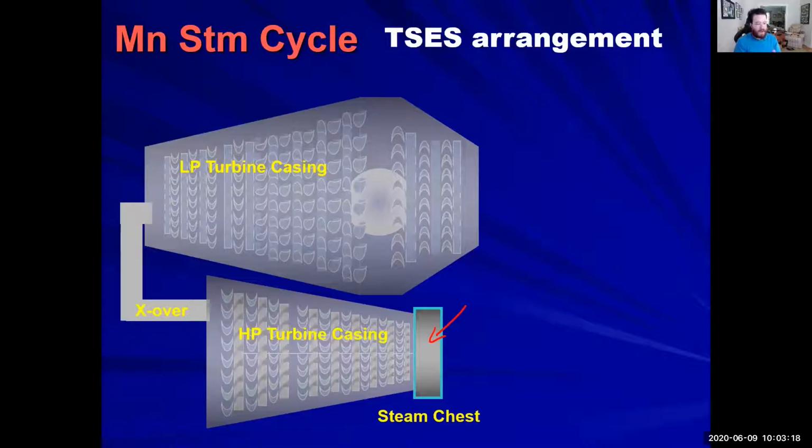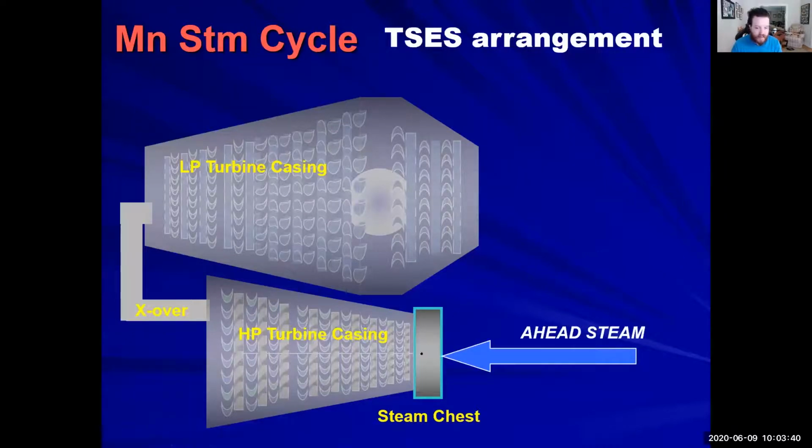But we have something called nozzles on the TSES that control how much of that steam enters the HP turbine. They're basically just throttle valves that open or close to allow steam to go in. And from there it goes into your HP turbine casing.